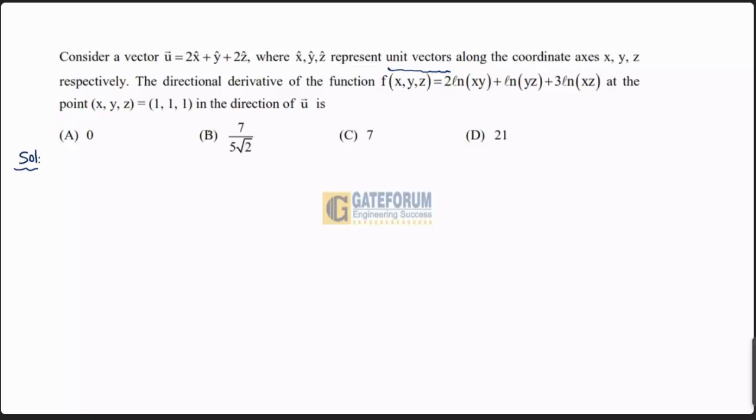And we know that log mn is equal to log m plus log n. So, given f of x, y, z is equal to, using properties of logarithms, 2 into log x plus log y, plus log yz is log y plus log z, plus 3 into log x plus log z.